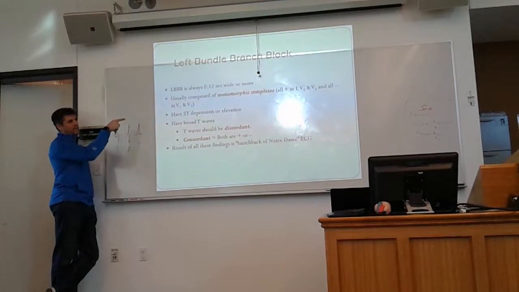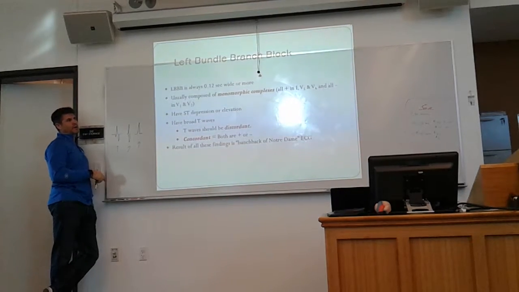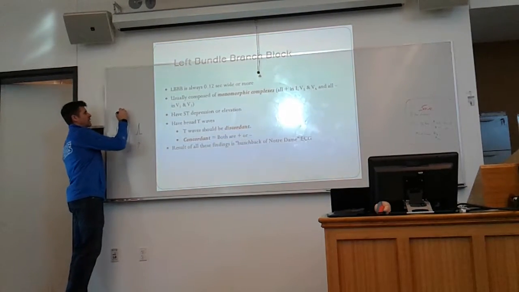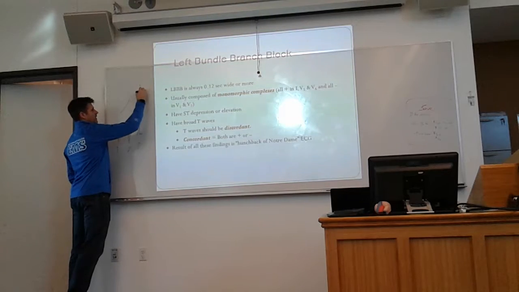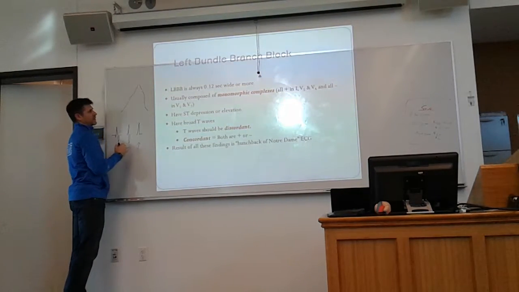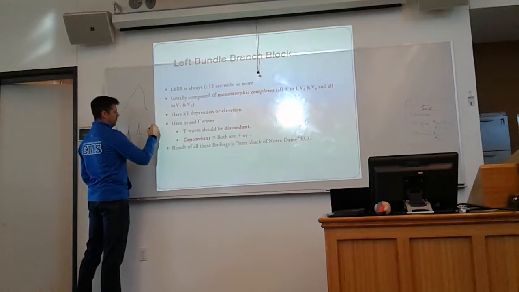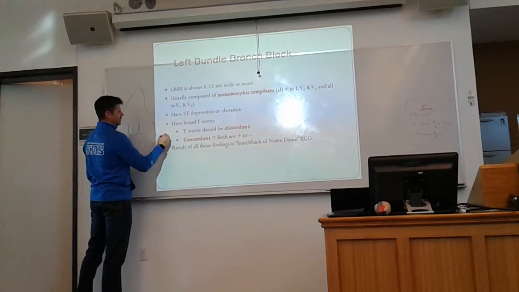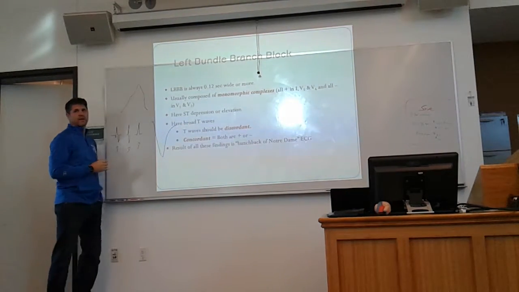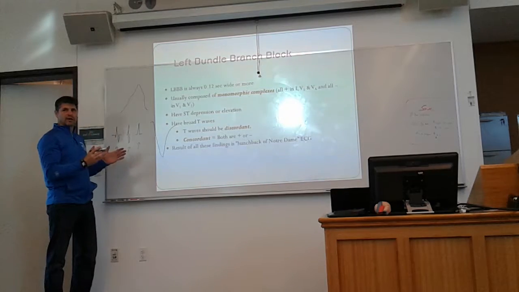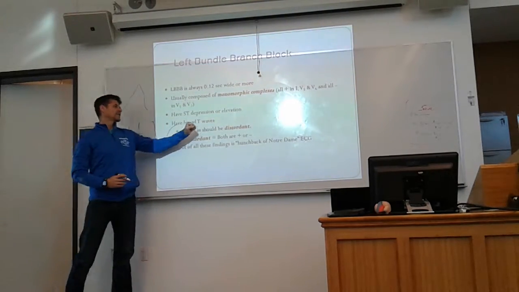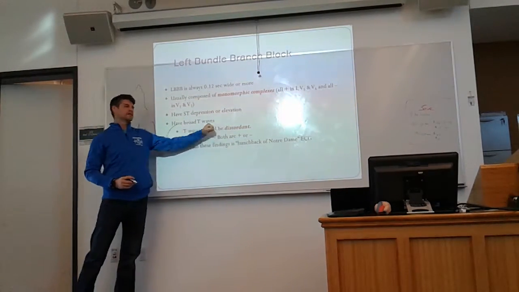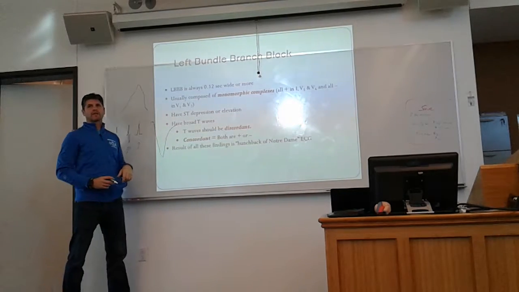So the QRS complexes in V1 and V6 are monomorphic positive waves. In V1, they're monomorphic negative waves. Separate. Now the T waves are discordant to the QRS complex.